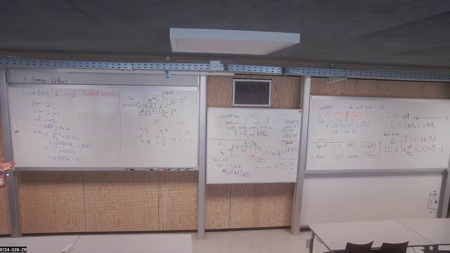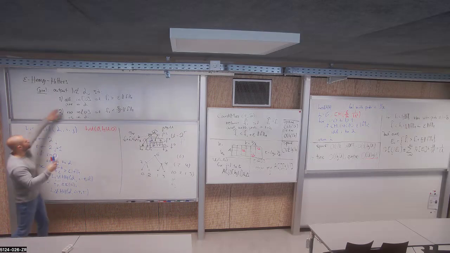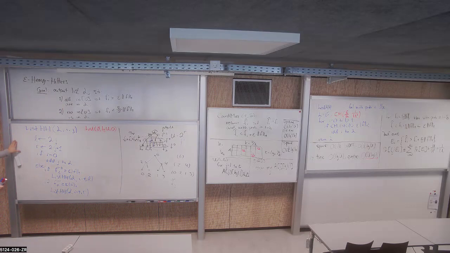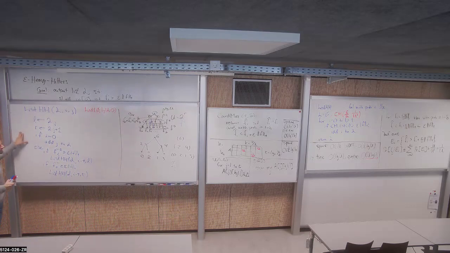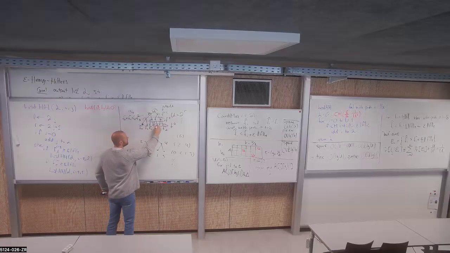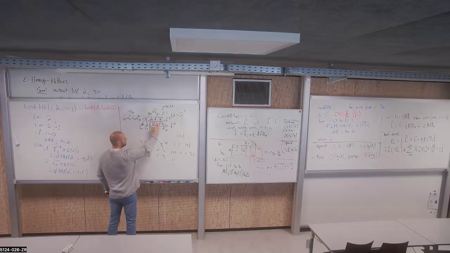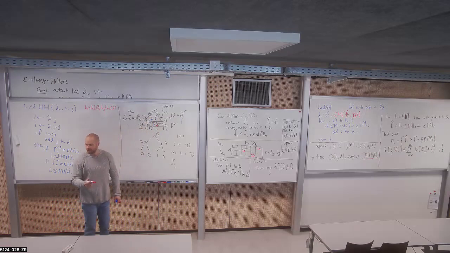So first of all, we have to argue that we will always output all the heavy elements. So why is this the case? Well, because if some element is heavy, like in this binary tree, if this node is heavy, meaning its frequency is at least epsilon times the 1 norm of the vector f, then because this is the sum of all the frequencies and all the frequencies are non-negative, that frequency is also at least epsilon times the 1 norm.